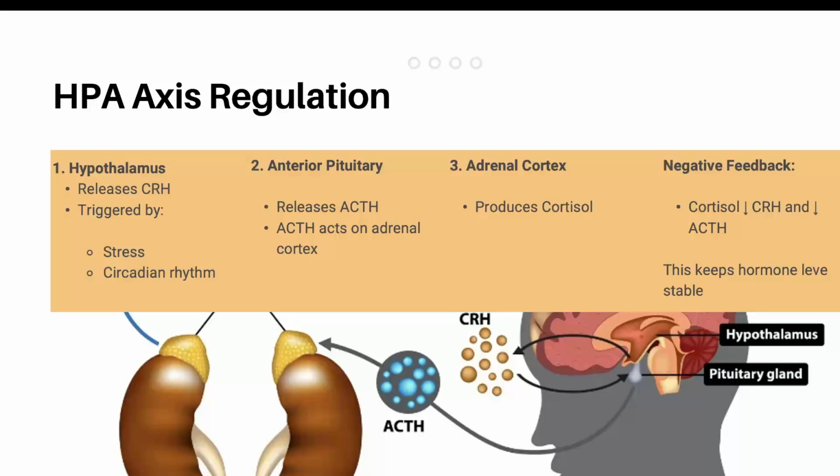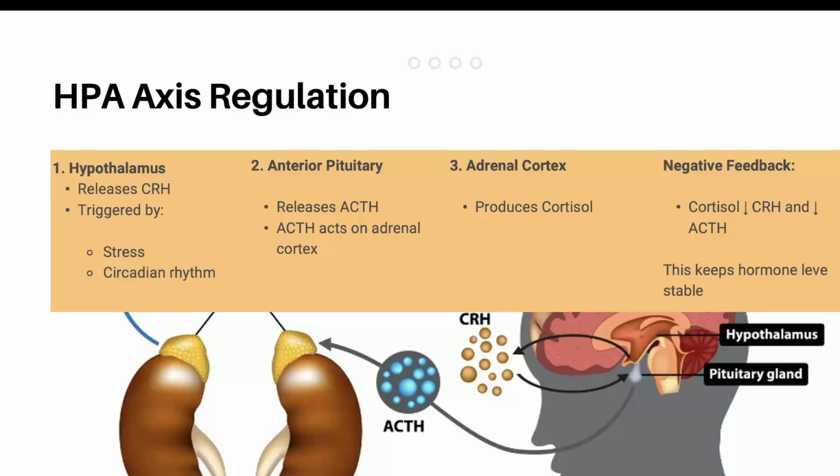What about the negative feedback? There is an inverse relationship between the level of cortisol and activation of the hypothalamus. As the level of cortisol increases, it leads to decreased activity of the hypothalamus, and this is what we call negative feedback inhibition.